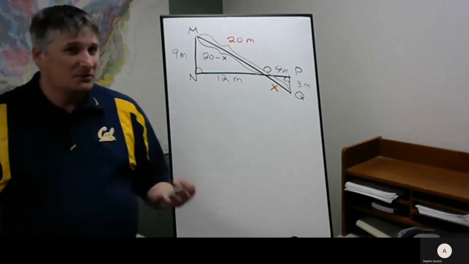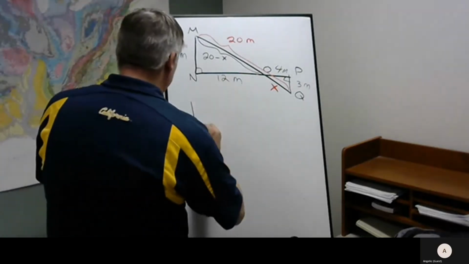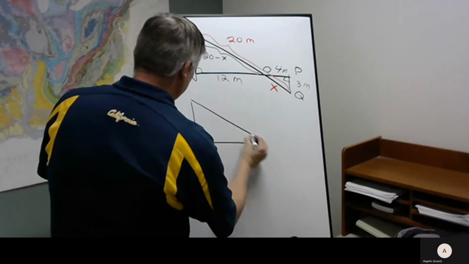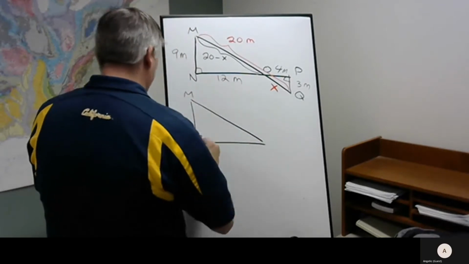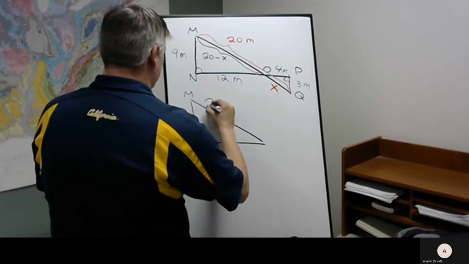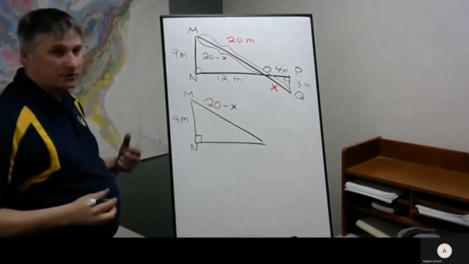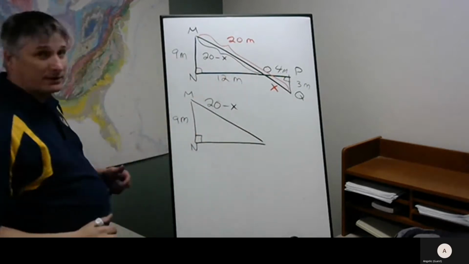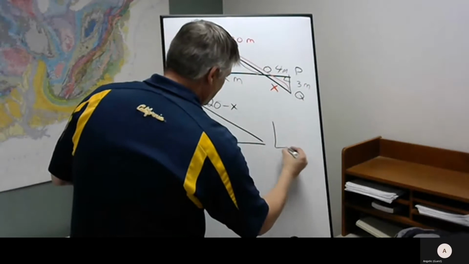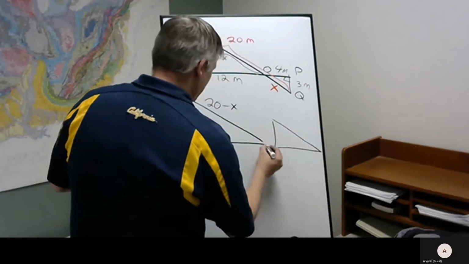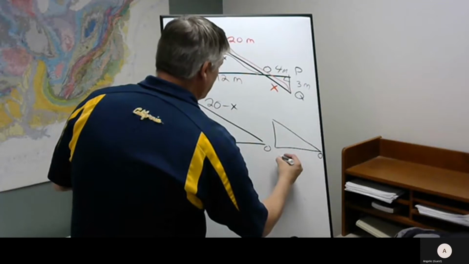So now, using this little trick, we go back to our triangles. Both inclines together are 20, but just this incline is 20 minus x. So, let's see.